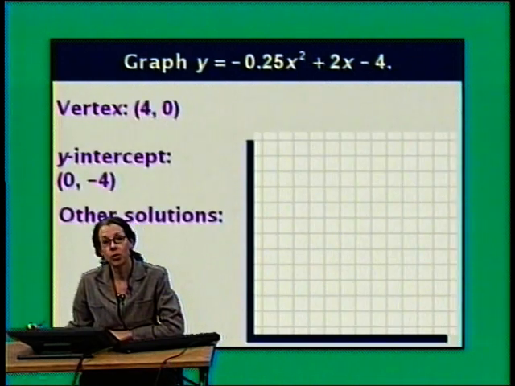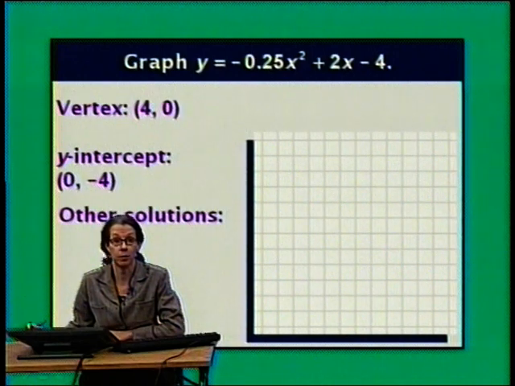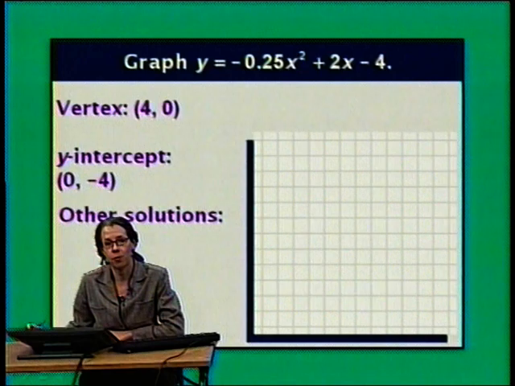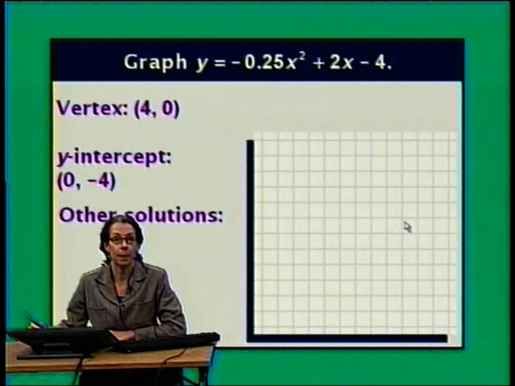So now we have two solutions to our quadratic equation. Before we find some other solutions, let's think about how we're going to set up our coordinate axes in this case. My vertex is at 4, 0. That lives on the positive x-axis, over on the right side of my graph paper. The y-intercept lives below the x-axis.